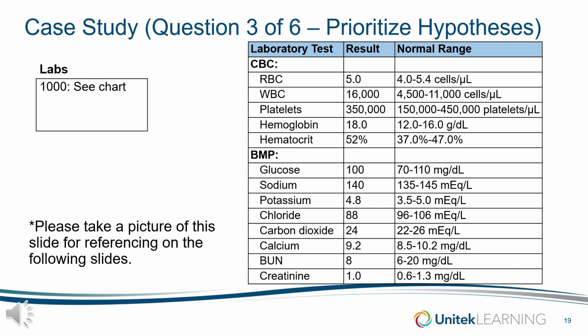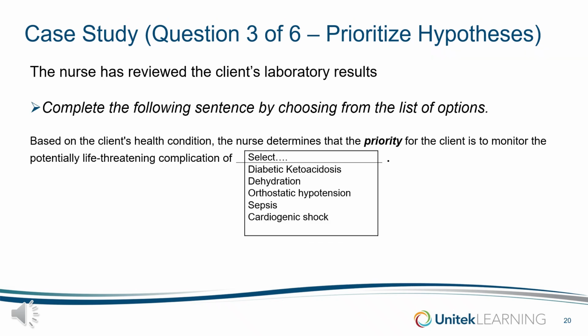Prior to moving to the next question, it may be helpful to take a picture or screenshot of the client labs prior to answering the prioritized hypotheses clinical judgment question. Prioritized hypotheses clinical judgment questions require the tester to identify the priority concern of the patient.